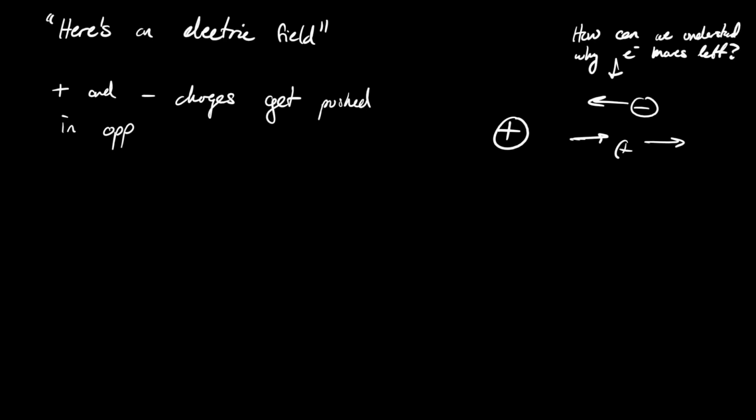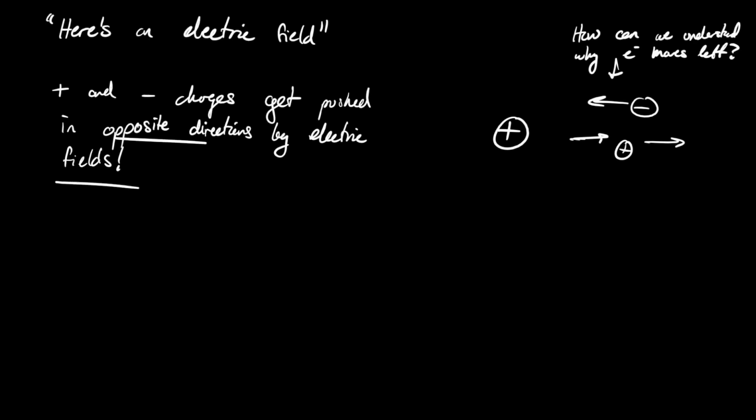So if I were to put a positive charge here, it rides the electric field out to the right because it wants to get away from the positive charge creating the electric field. Now, the reason it wants to go to the right, if I just gave you the electric field, is probably because a positive charge were creating the electric field in the first place.